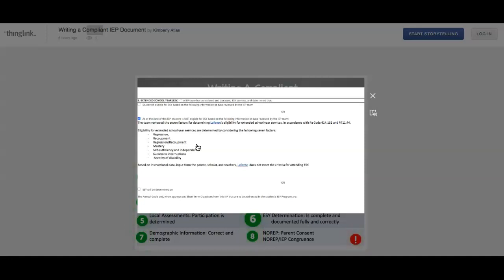They were not provided ESY because it was never determined whether the scholar needed ESY. So please, during the IEP meeting, make the determination. Does the scholar require ESY services, or does the scholar not require ESY services? It's really important because we can't wait till the last minute to make a determination, because there are a lot of other things that have to happen.